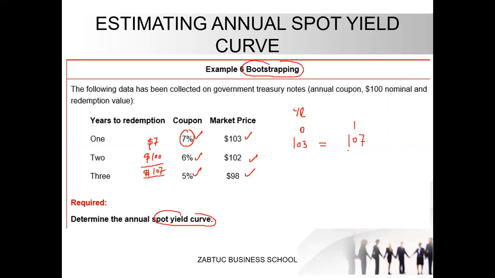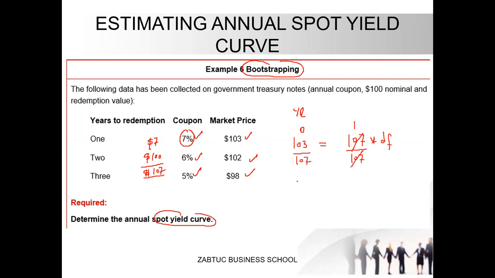So this 107, if you discount it, multiply by the discount factor, which you don't know, should give you 103. So these are the cash flows. This can be calculated as 107 multiplied by the discount factor. So let us now calculate. Tell me what's the discount factor? Can somebody divide here?